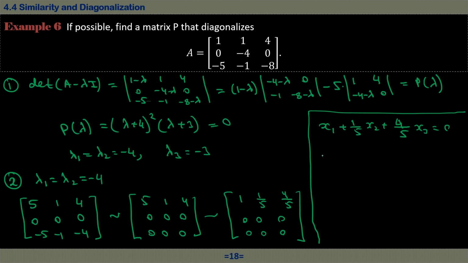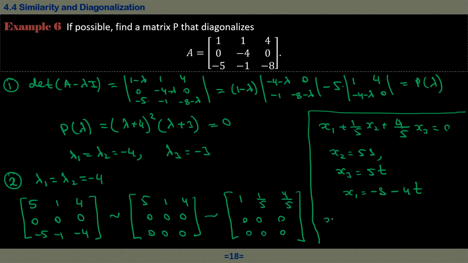Let's see, if x2 equals, let's say, 5s, and x3 is equal to 5t, then x1 will be, the 5s cancel each other, minus s and minus 4t.